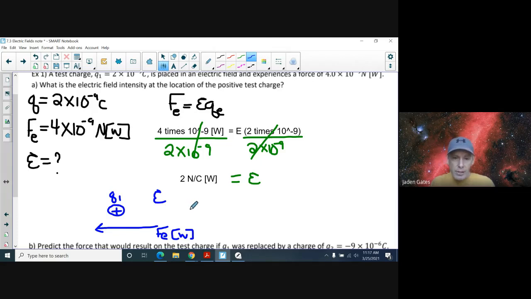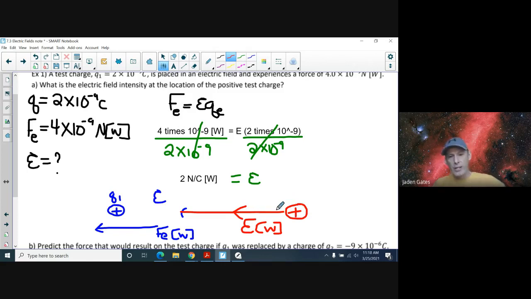If it's being pushed left, it's being repelled. So my random charge over here somewhere is a positive charge, which means the electric field lines also must be heading west. So there's some positive charge out here that has electric field lines pointing west, and because our Q1 here is a positive charge, the force is pushing it west.